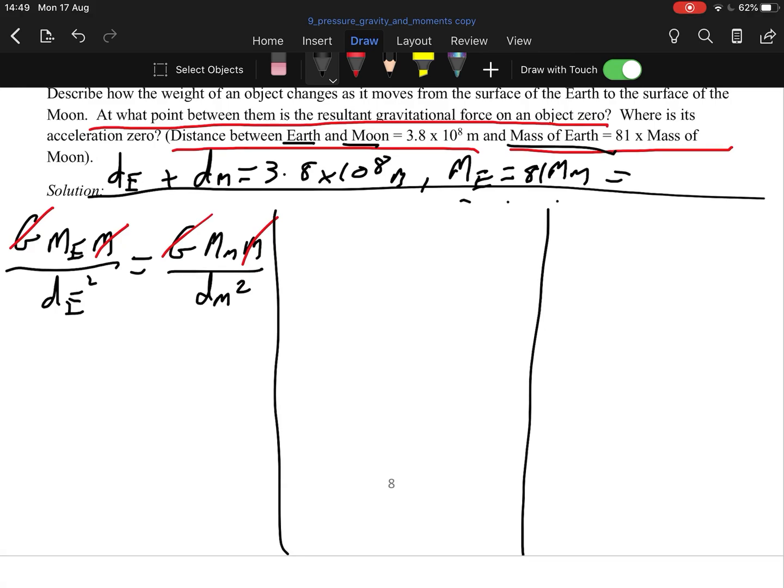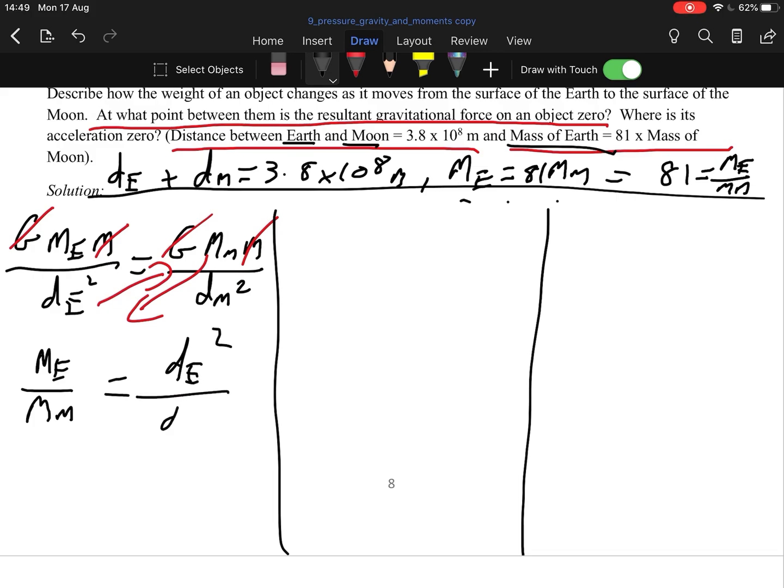Or, we rearrange that: 81 equals mass of the Earth over mass of the Moon. So we could do that here, if we divide across by dE squared and divide down by mM. So mass of the Earth over mass of the Moon equals the distance of the Earth squared over the distance of the Moon squared. So therefore that becomes 81.